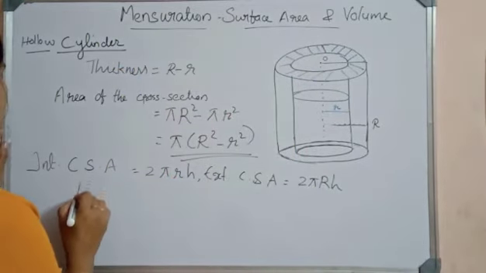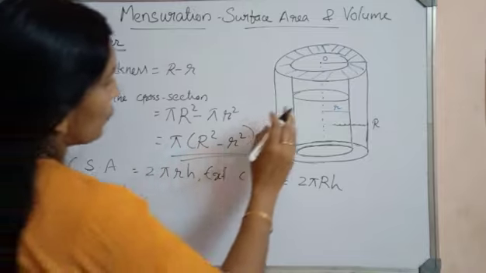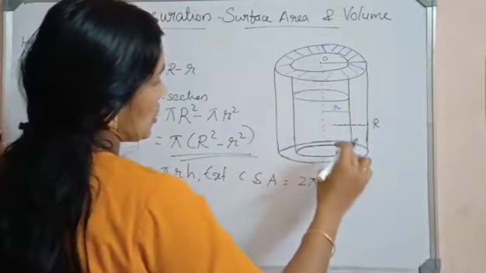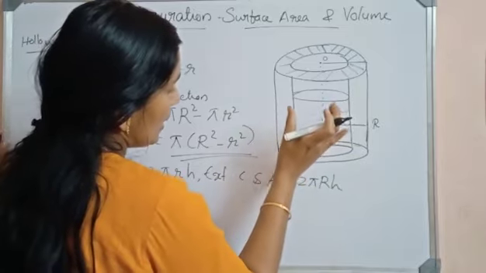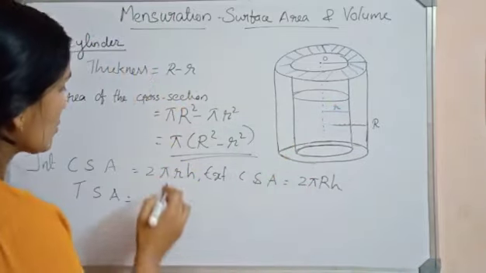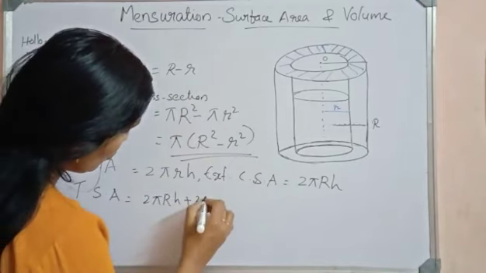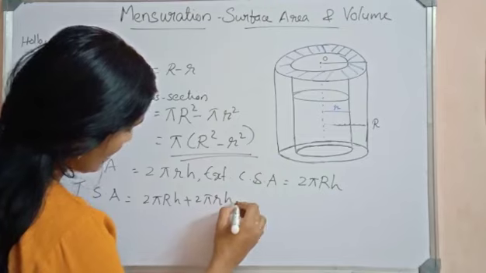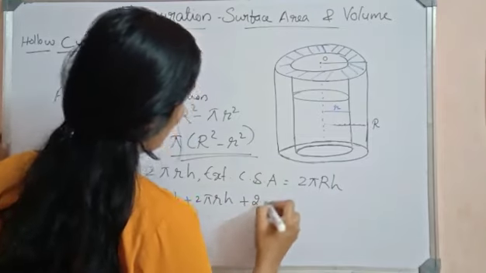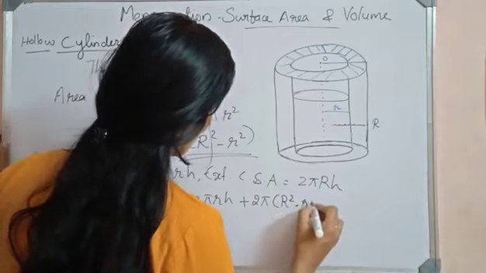Now the total surface area. The total surface area of the hollow cylinder is the area of the two cross sections plus the area of the internal surface as well as the area of the external surface. So that is 2 pi R h plus 2 pi r h plus 2 pi into R square minus r square.